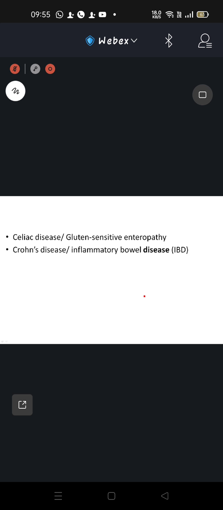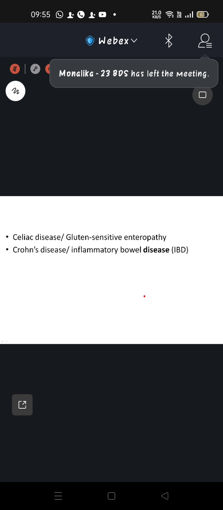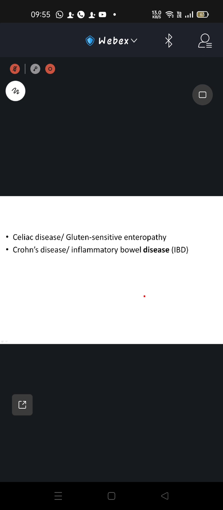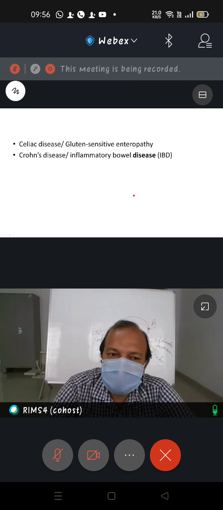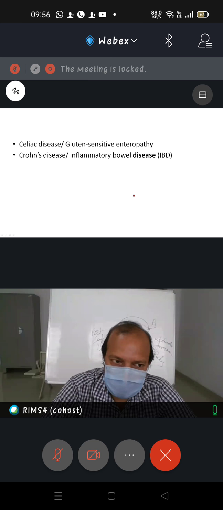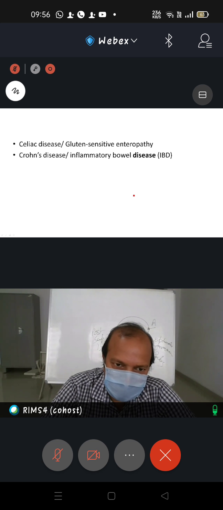Because of that, when this mucosa is atrophied, the person exhibits a malabsorption syndrome. Because we know this lining epithelium, the mucosal lining of the small intestine, is involved with what? Absorption of the nutrients. So when it is atrophied, the small intestine is no longer able to absorb the nutrients. So this is celiac disease, one of the malabsorption syndromes.